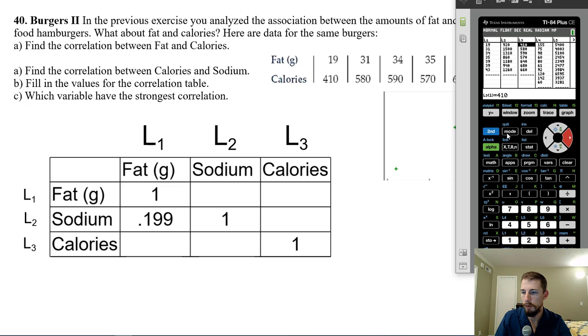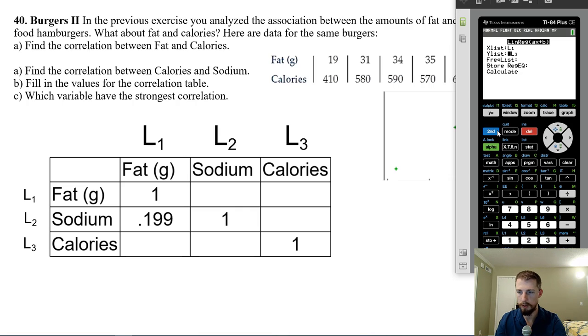I'm going to go to stat, arrow over to calc, fourth option, and then list, so that would be second 3, list 1. Oops, let's try this again. Second 3. I don't know why that didn't work. Struggle bus is real.